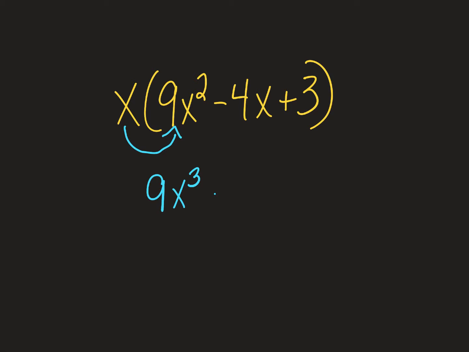Everybody look. Okay? Now, I'm going to multiply x times 4x. I'm going to go ahead and put my subtraction sign there. So what is x times 4x? 4x squared.